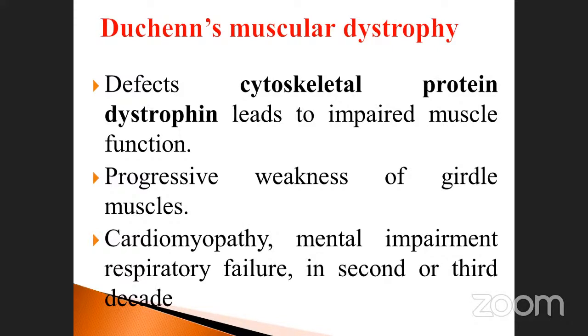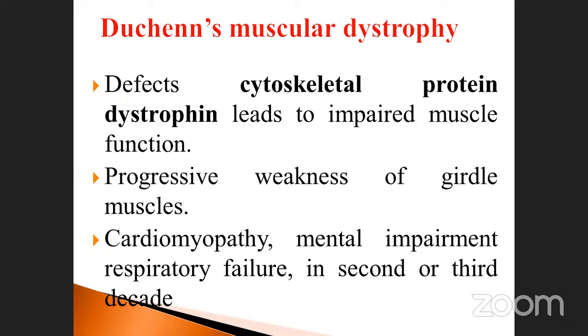Progressive weakness means the function is improper, and as a result the muscles are also weak. The heart cells are also affected by these protein molecules due to the genes or chromosomes. Mental impairment is already in our report. And respiratory failure in the second or third decade. These are all the symptoms of Duchenne muscular dystrophy.